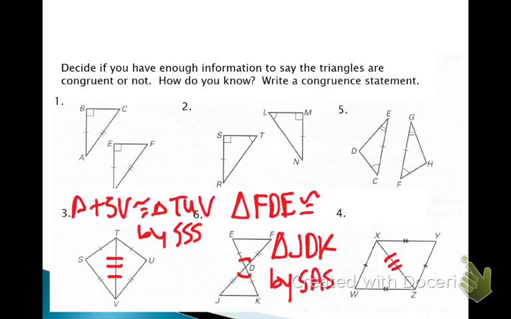Now do you see what type of angle pairs we can say are congruent? We've got alternate interior angles. We can say that this angle, because of XY being parallel to WZ, we can say the alternate interior angles are congruent.